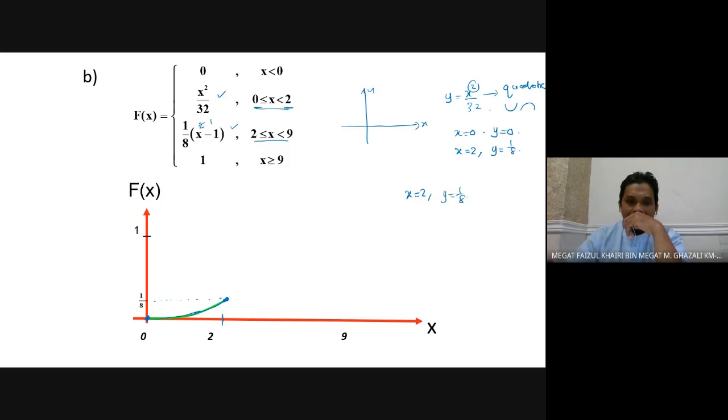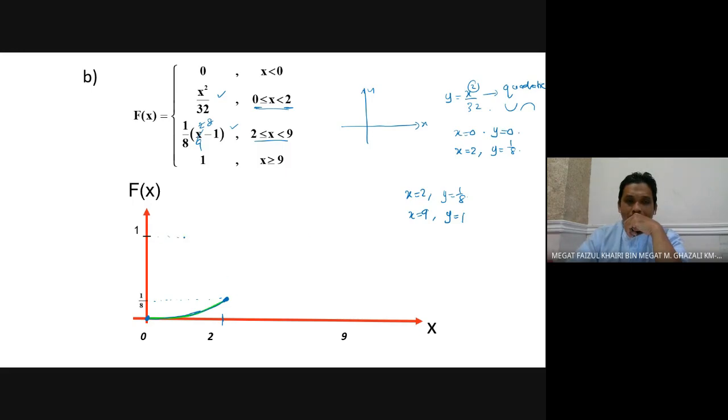When x equal to 2, y equal to 1 over 8. And when x equal to 9, 9 minus 1 equal to 8. 8 times 1 over 8 equal to 1.